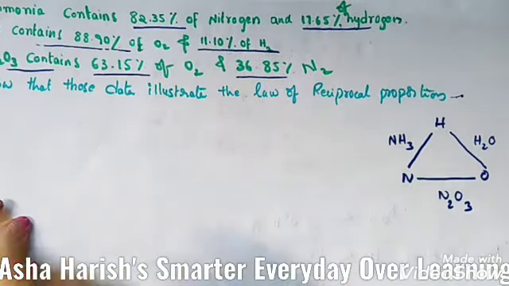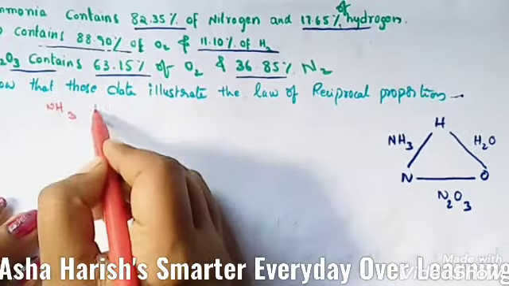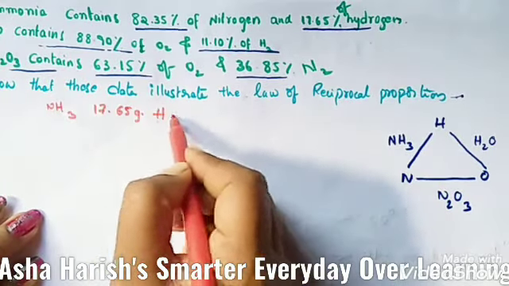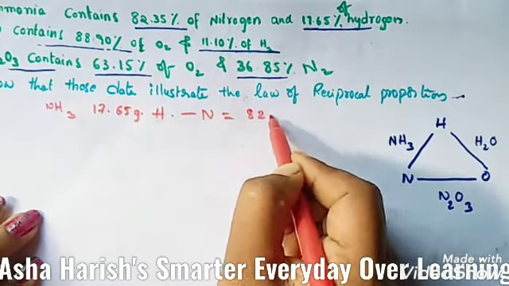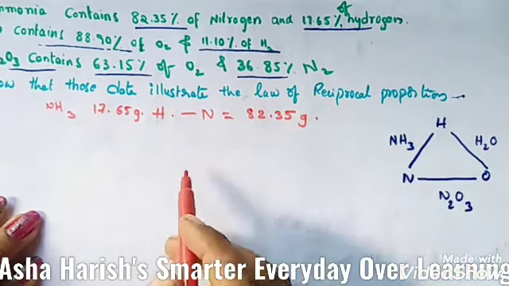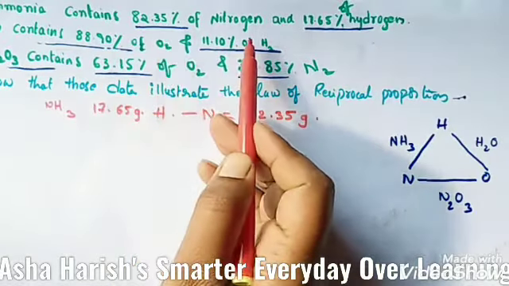In ammonia, NH3, 17.65 grams of hydrogen combine with 82.35 grams of nitrogen. They have given that in the question itself: ammonia contains 82.35% of nitrogen.